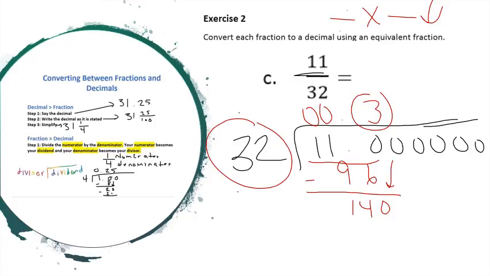It can go into it 4 times. Put that 4 right above the 0. Make sure you line your numbers up, please. So I'm going to multiply 4 times 32. This will give me 128. So now I have 140 minus 128.